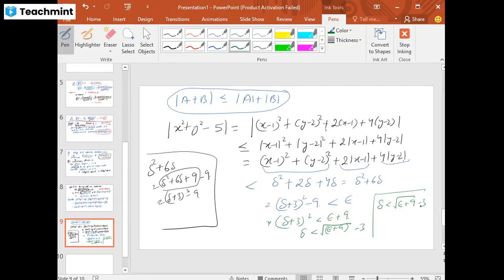So the difference between these two is a very small number, which means we need to choose delta to be a very small number. So if the value of delta is very close to the point 1 and 2, then the limit of this function is equal to 5 only. So this is the relation between delta and epsilon, and this is how we can establish the limit.